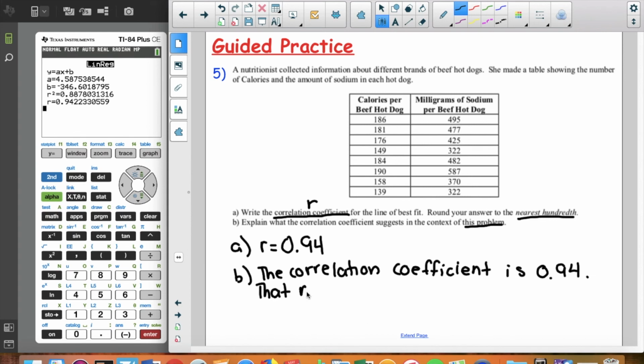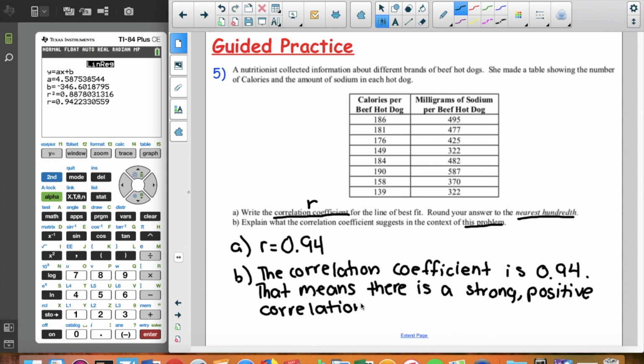That means there is a strong positive correlation between, and then let's write our two points.